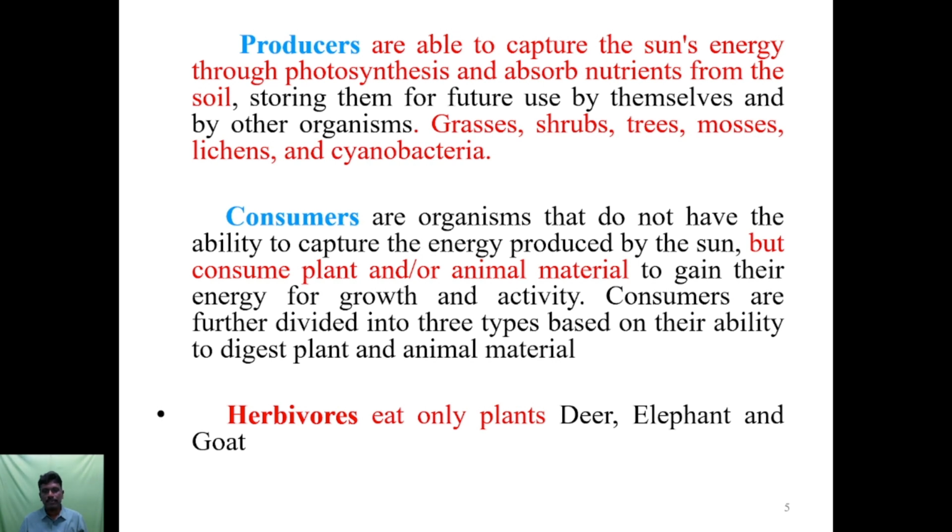Consumers are further divided into three types based on their ability to digest plant and animal material. First type is herbivorous. Herbivorous eat only plants. They will not eat animals. For example, elephant, deer, goat.